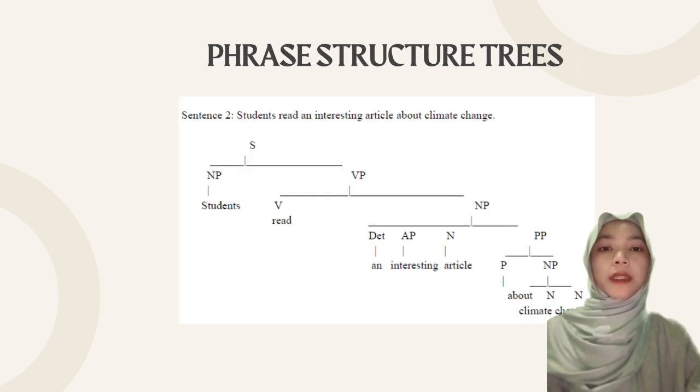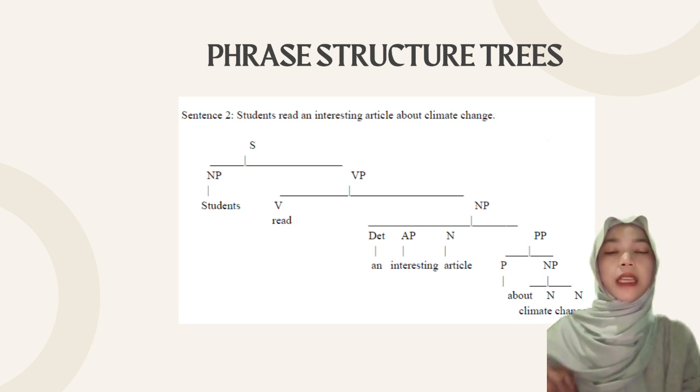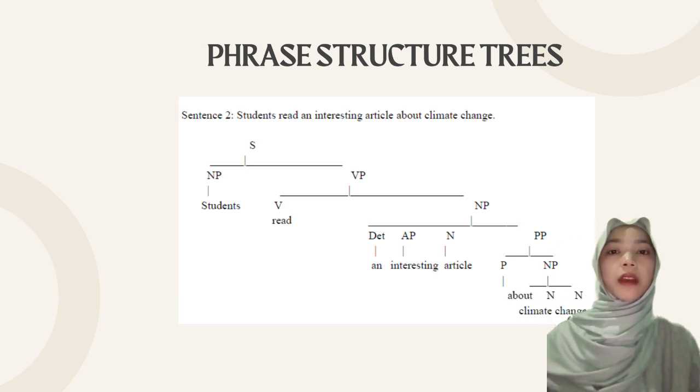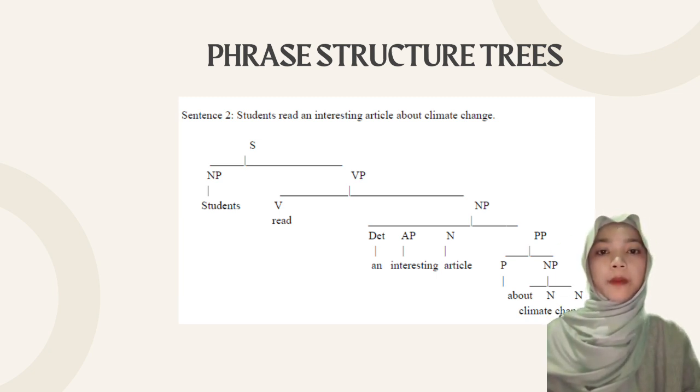Next, we can represent sentences visually using phrase structure trees. For example, students read an interesting article about climate change. This tree shows the relationship between noun phrase NP, verb phrase VP, and prepositional phrase, reflecting the hierarchical nature of syntax.